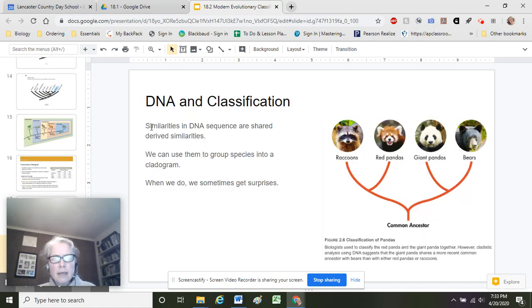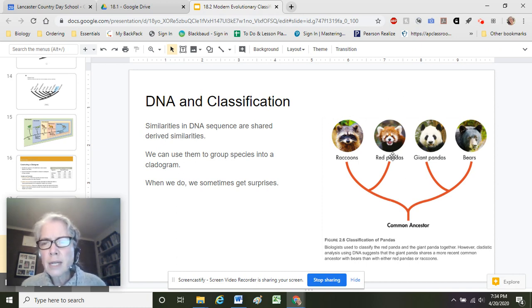DNA is shared by organisms due to common ancestry, and you've seen this in a lab activity you've done. Organisms that have more similarities are more closely related to one another. So we can use similarities in DNA sequences as shared derived similarities and use them to build cladograms. And when we do, we come up with some interesting surprises. And one of them is shown here on the right.